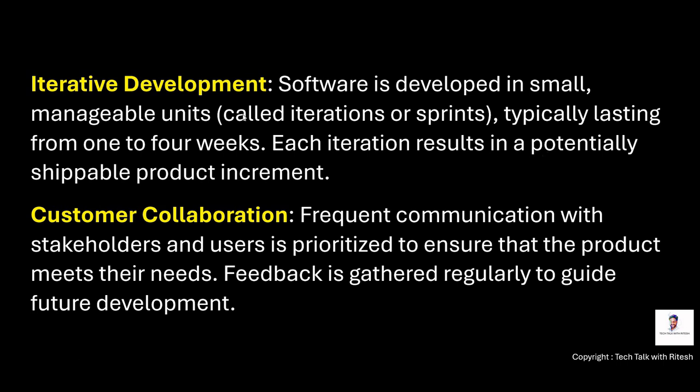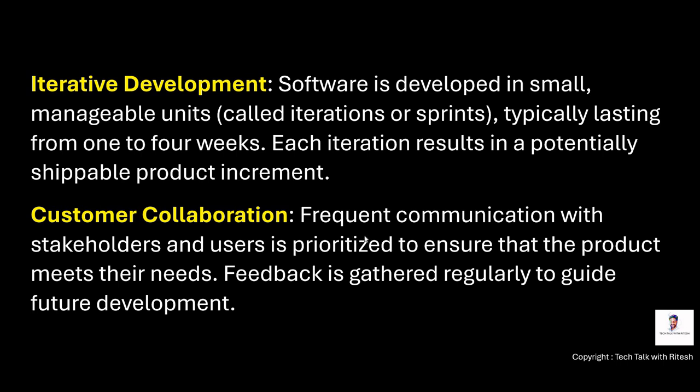And this is actually a term in agile called PSP, potentially shippable product. PSP means whatever we are developing, it's a very small product, but shippable means it can go live, it can go to production, and it works as a standalone unit, right?